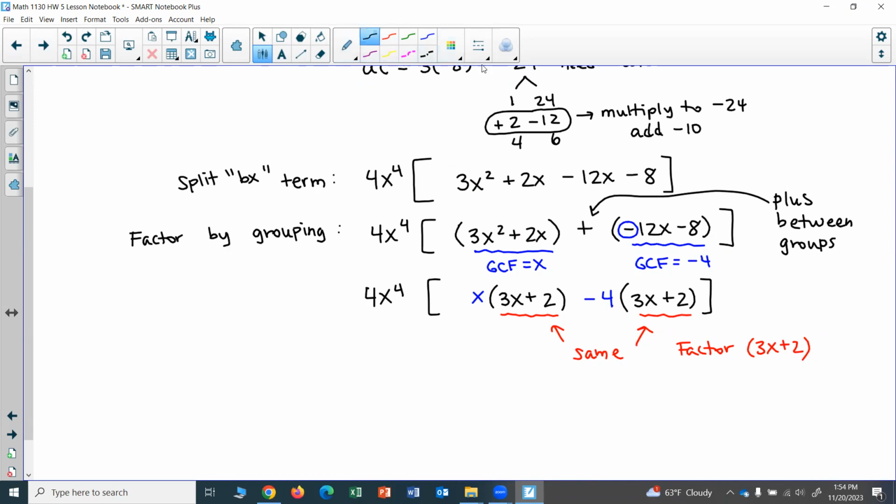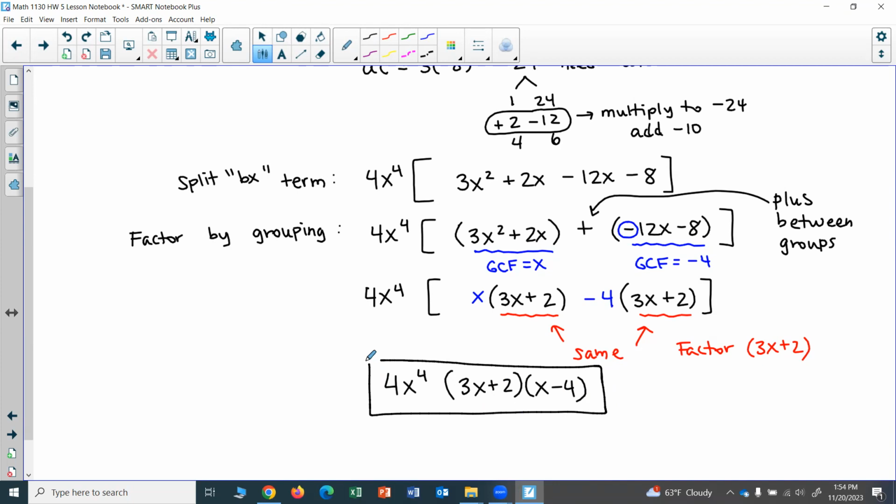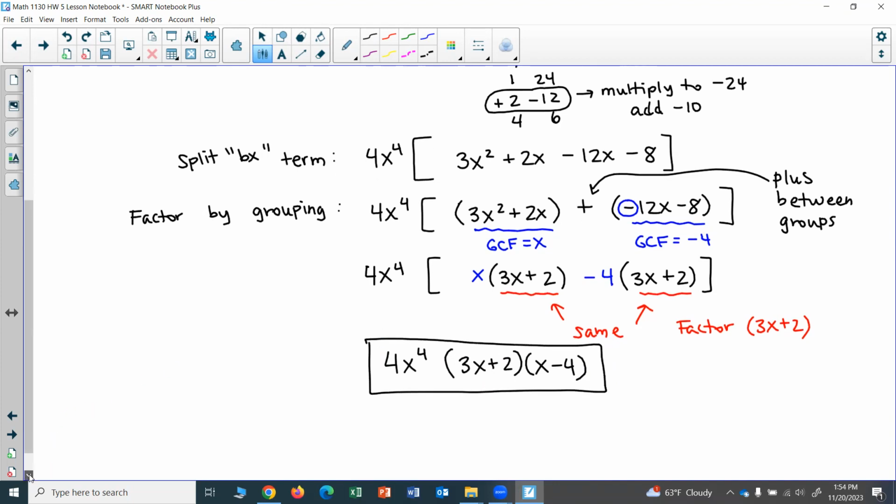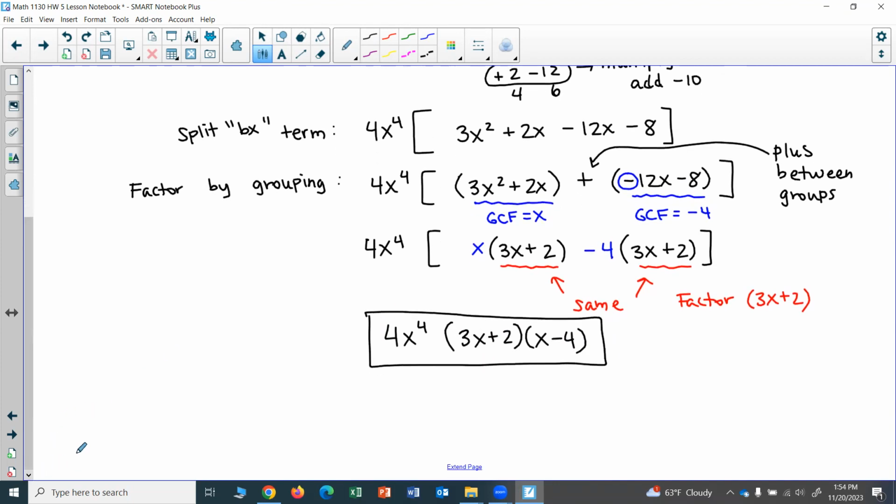And so my final answer, I have the 4x to the 4th from the original. I'll have the 3x plus 2, and I'll have x minus 4. This is now fully factored. There's no more that I can do. And that's what I would enter as my final answer.